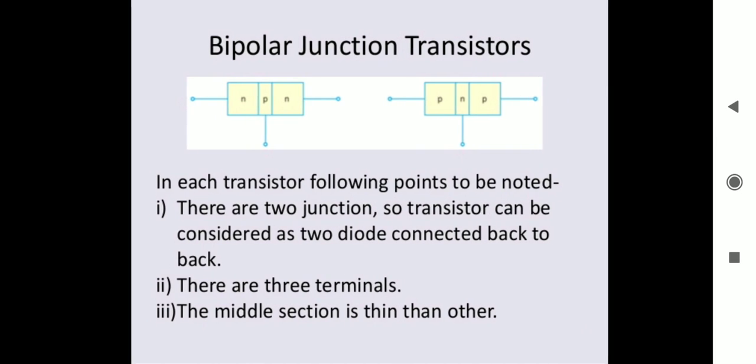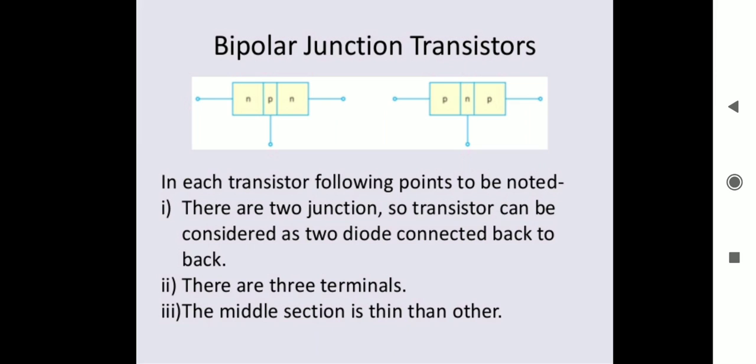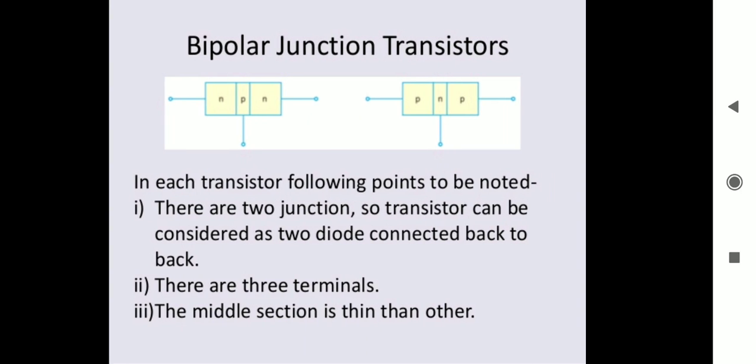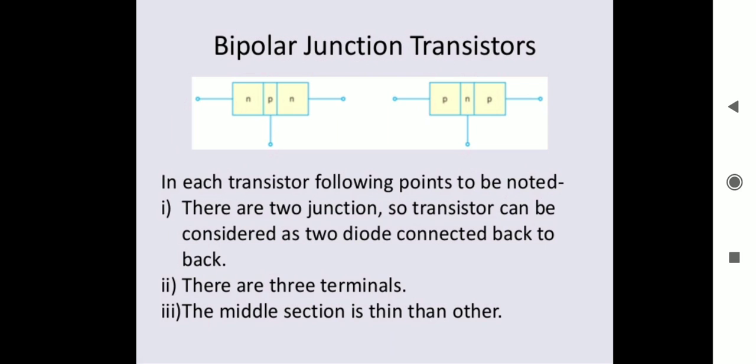NPN transistors are more popular as compared to PNP transistors. The arrow is always placed on the emitter terminal, and the arrow direction indicates the direction of conventional current flow of the emitter current.